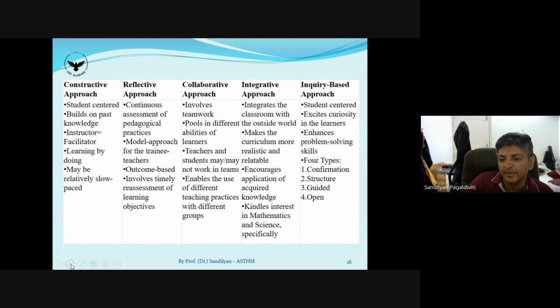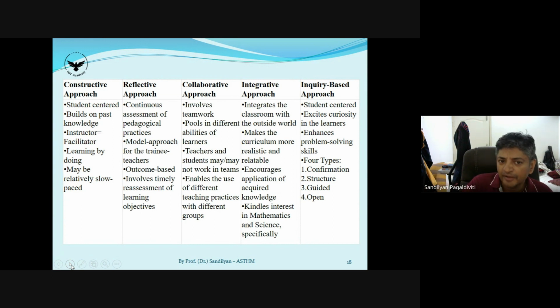It pulls in the abilities of learners. Each learner can contribute. It's group work. Somebody is good at marketing, somebody is good at presentation, somebody is good at product development, somebody is good at accounts. Collectively they work to achieve a common goal or target.